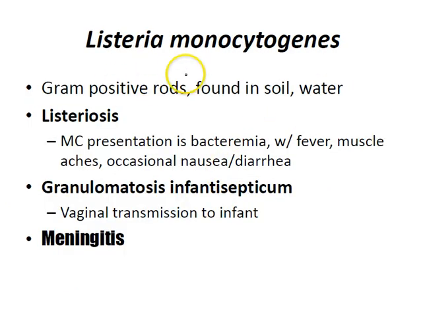So let's talk about Listeria monocytogenes. These are gram-positive rods found in soil and water.